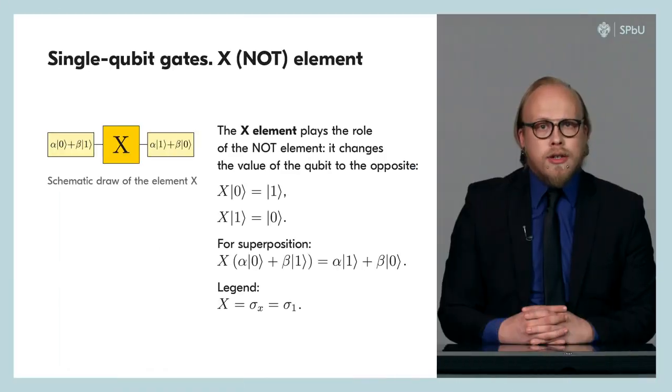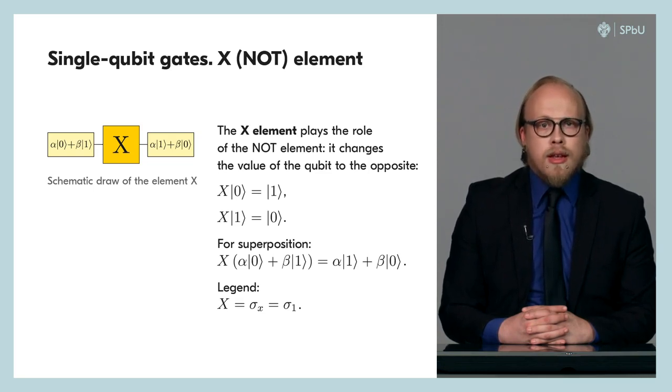Therefore, as the first logical element, let's consider the element x, which is similar to the classical element not. Under the action of the element x, the state vector 0 is changed to the opposite and becomes the state vector 1. On the contrary, under the action of x on the state 1, we get the state vector 0.